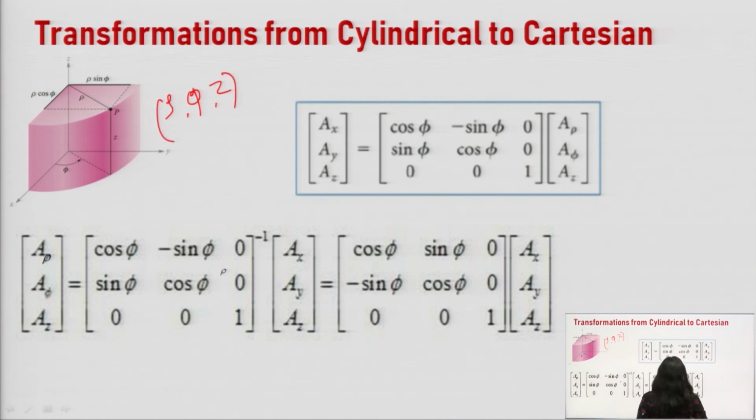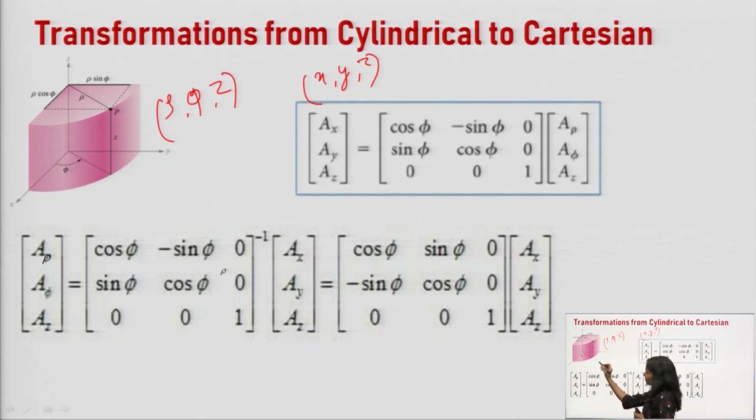In Cartesian coordinates we have x, y and z. Now we need to convert any of them into the other one. Sometimes rho, phi, z will be given and we need to find the value of x, y, z. Or alternatively, sometimes x, y, z will be given and we need to find the value of rho, phi, z.